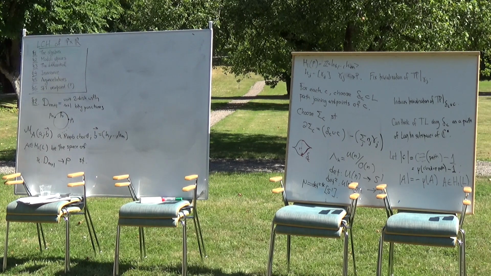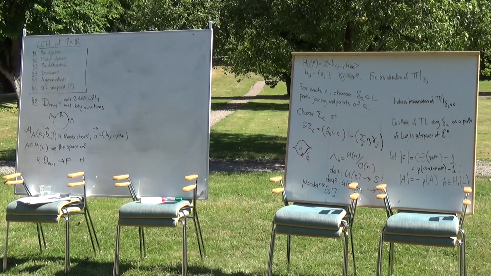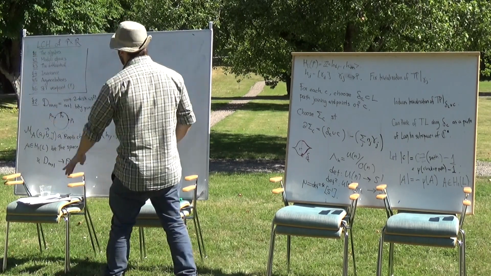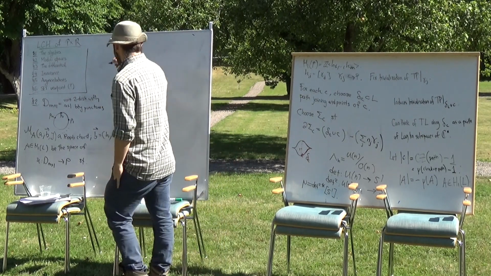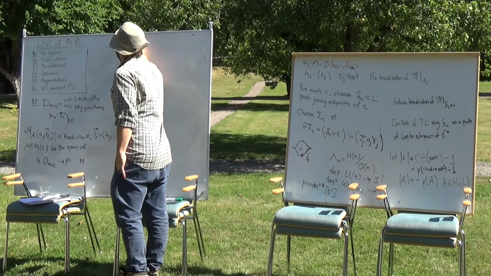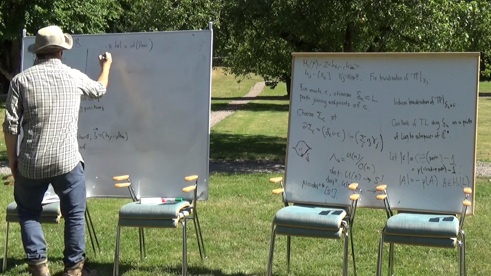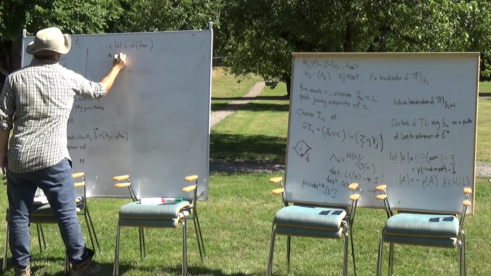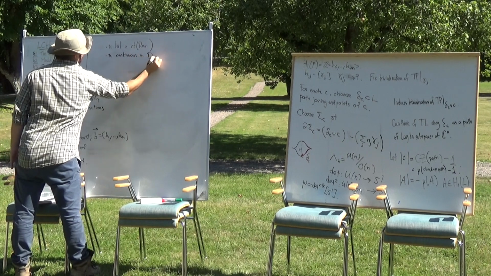Okay, let me maybe fix an almost complex structure first. So J is an almost complex structure that is compatible with a symplectic form, and so I'm going to want U to be holomorphic in the interior of the disk. U is continuous on all of the disk.